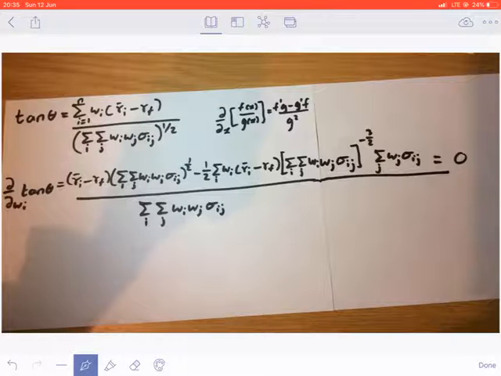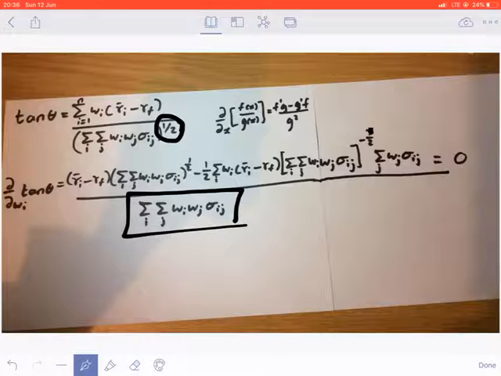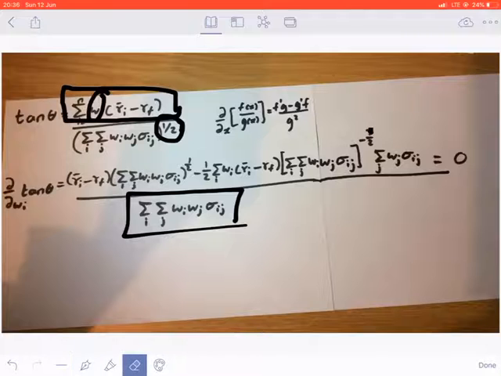So this is supposed to be 1 over here, so you will have this one squared. Since it has a square root, you just write it as it is. Then the first derivative of this in terms of weight: you will differentiate the w, and what you will have left is just the return of the asset i minus the risk-free asset, right?